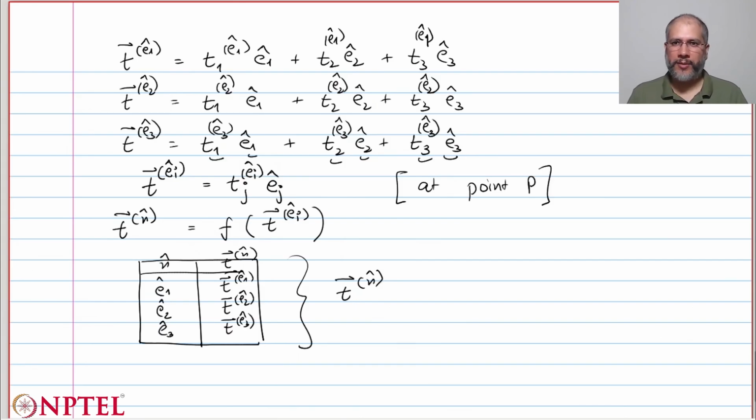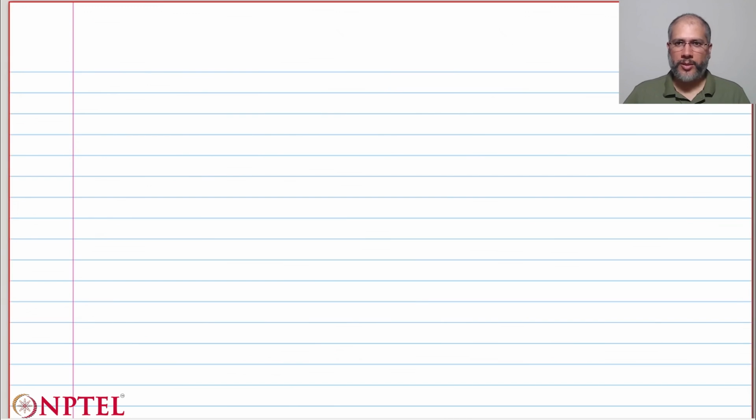So we'll now derive the relationship, that is this functional relationship here. So what we want is to relate the traction vector on some arbitrary n hat plane with the traction vectors on three mutually perpendicular planes.